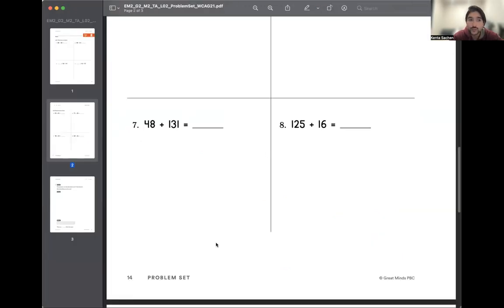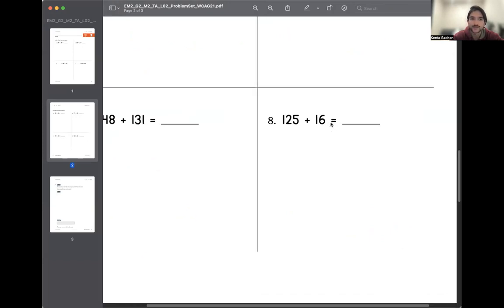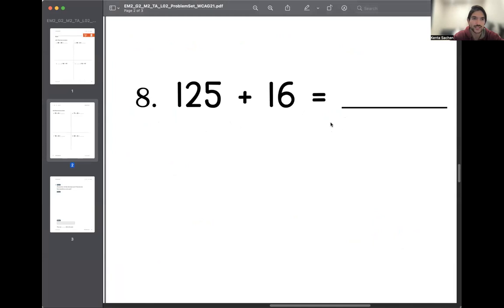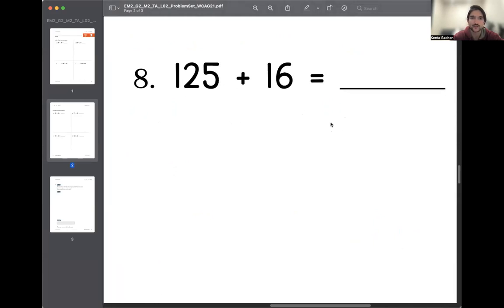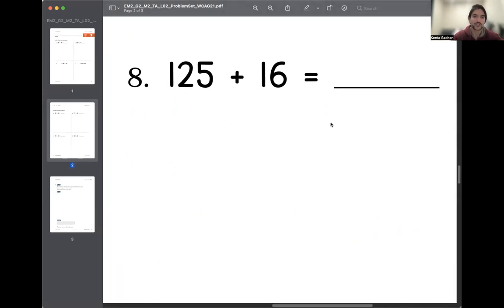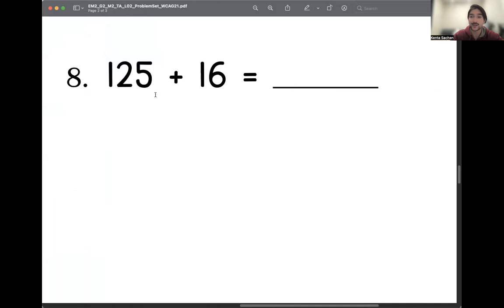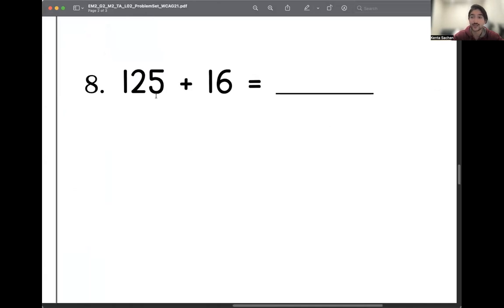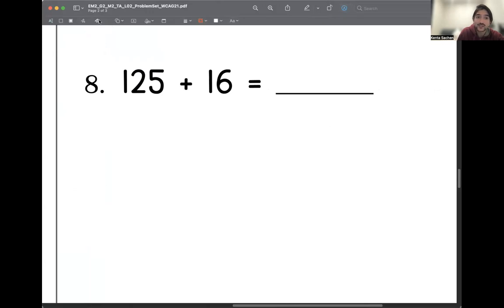Now, I want you to turn to page 14 really quickly. Page 14. So go back to the last page, page 14. I want you to look at question number 8. You'll see that this number has a hundreds number. Okay, but that's not going to change how we're going to solve it.